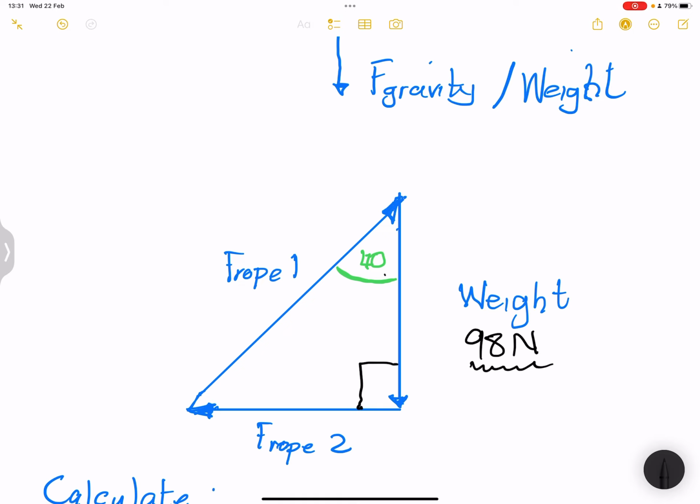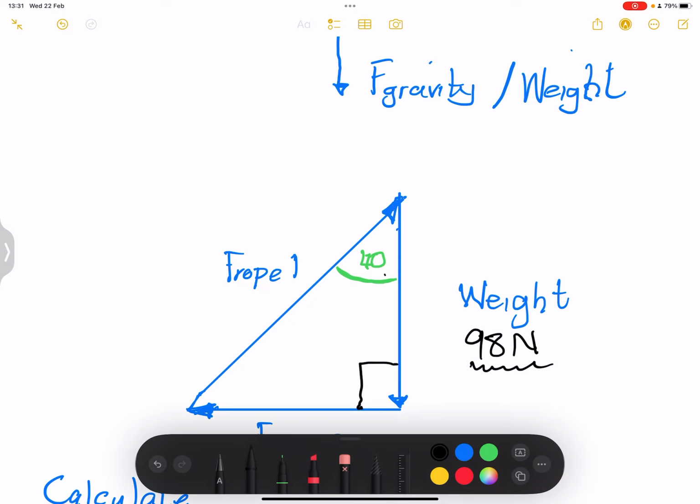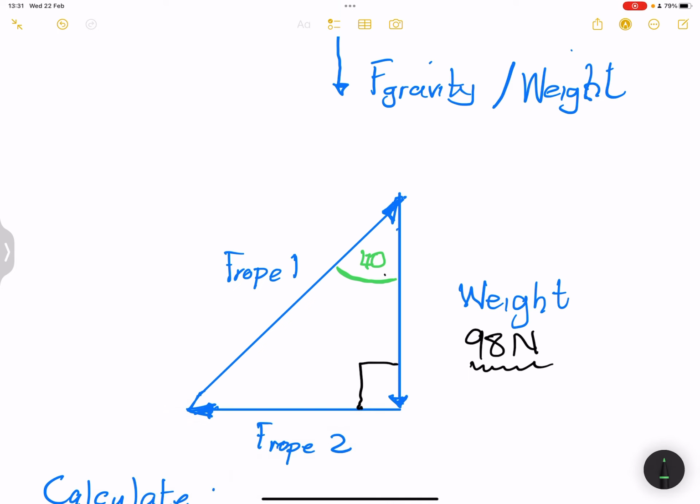Given that we already know one of the forces, it means that I know which are the sides that I have. I want to label those sides. Let me do that in green. Which side is opposite the angle? This side is opposite. Remember, opposite is directly in front of.